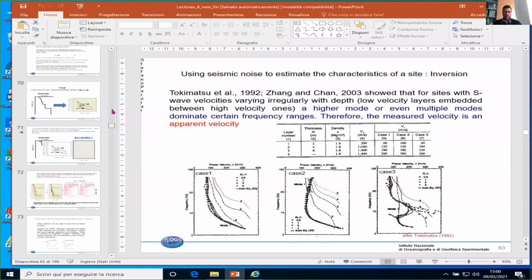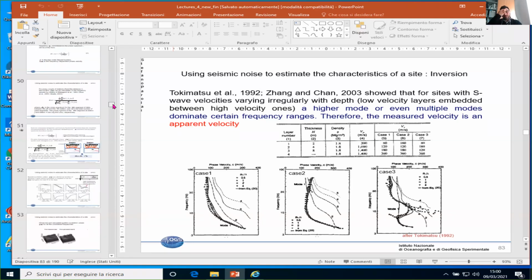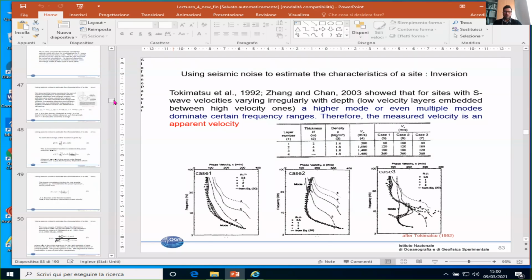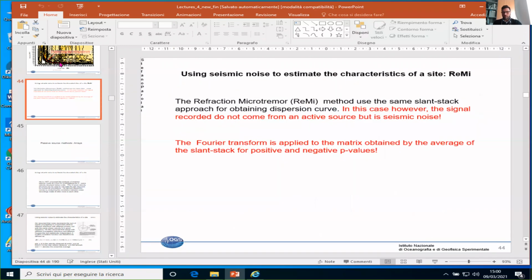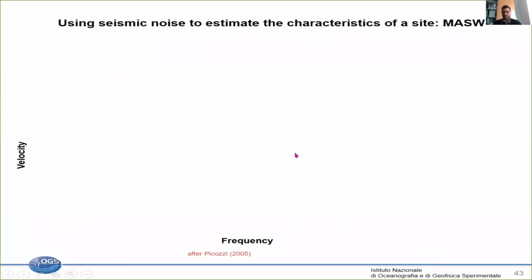But this is really an important issue, because until the studies of 2005, many studies were done in the past, before the problem became considered, especially by the applied seismological community or geotechnical engineering community.